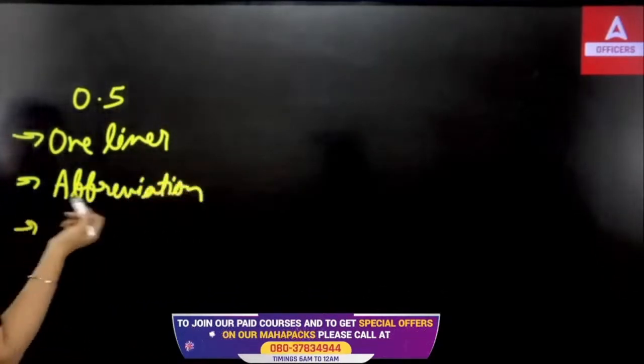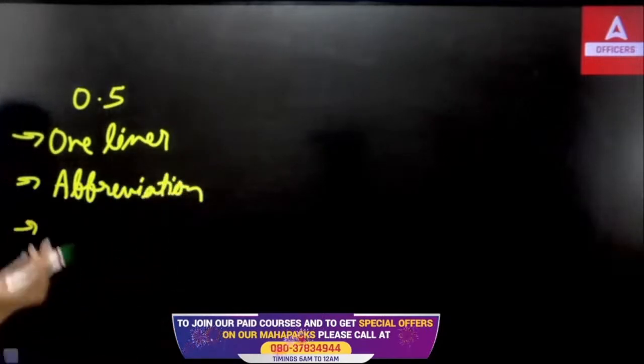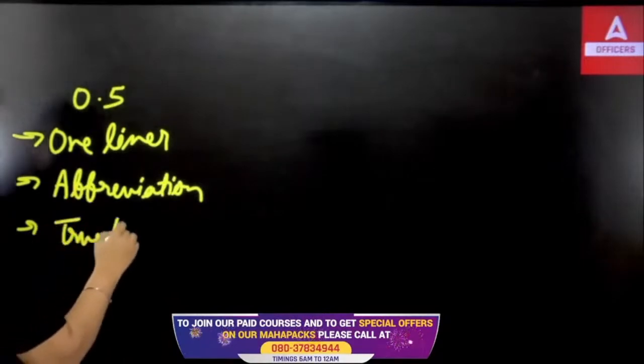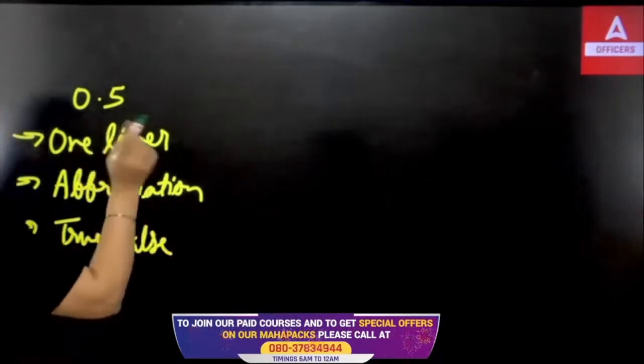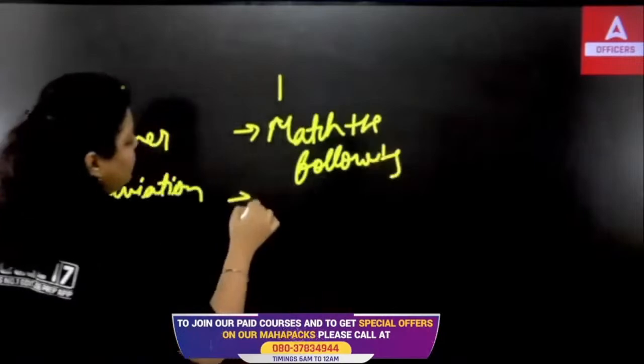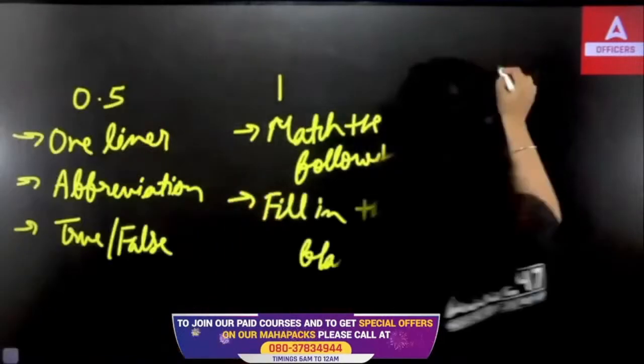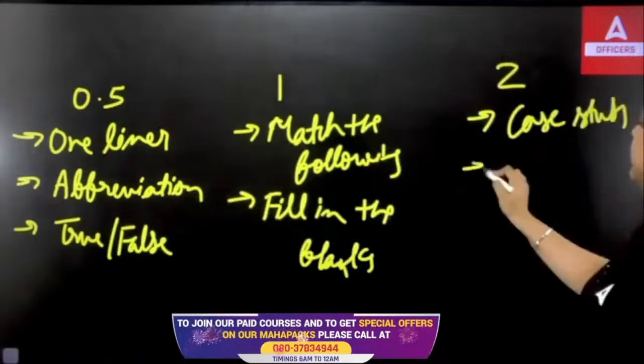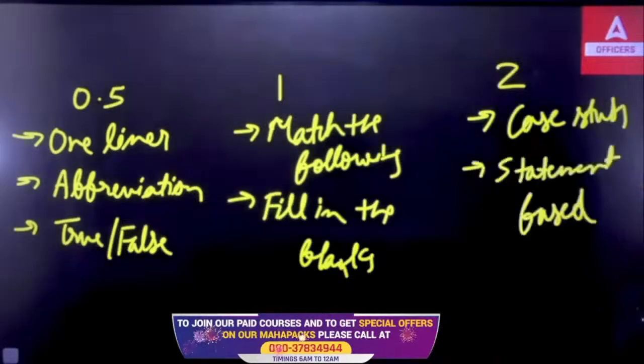True or false type questions, one-liner true or false statements, and fill in the blanks can be asked. In 2-mark questions, you will find case study questions and statement based questions. So these are the patterns of questions that will be available in your paper.